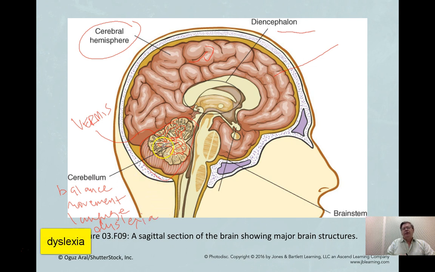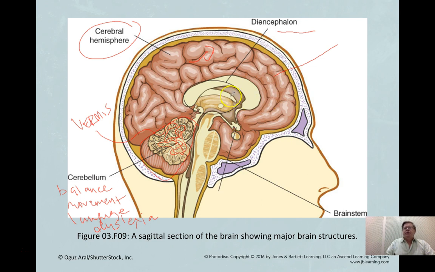We'll talk more about that later, but at this point the cerebellum is located here underneath the occipital lobe of the cerebral hemisphere and is physically independent of the cerebral hemispheres themselves.